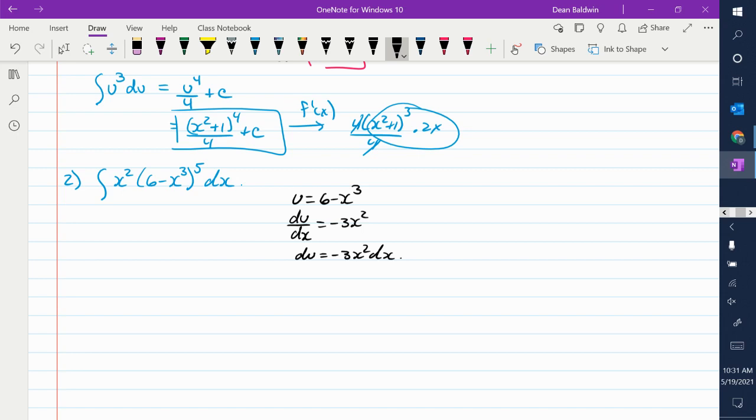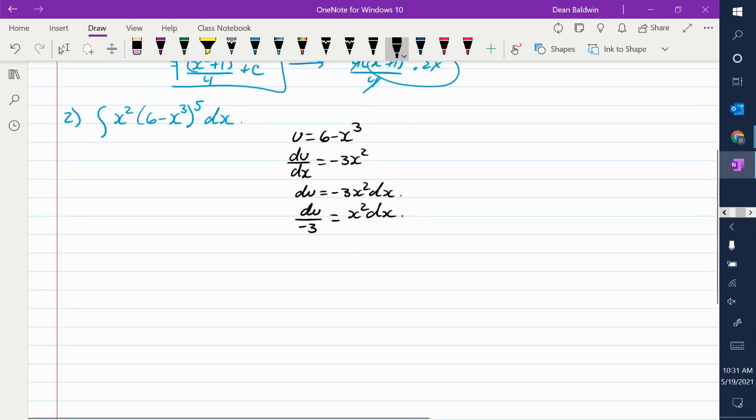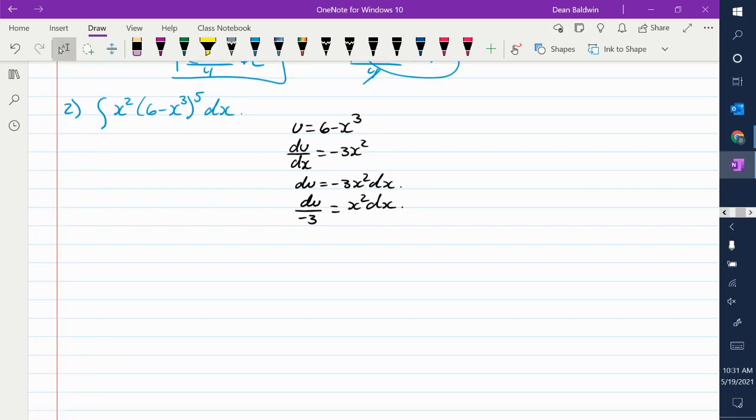So if I divide off that -3, I get that. So this and this equals du over -3.